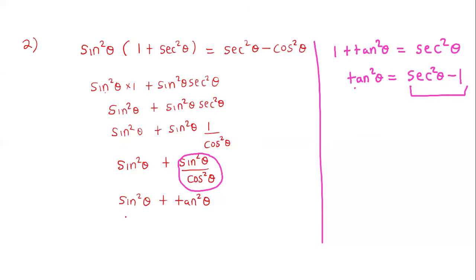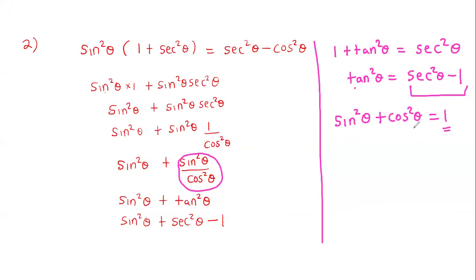So I'm going to come here and I say now I have my sine squared theta plus my sec squared theta minus a 1. Now, when I reach here, you must always be able to think. You ask yourself, in math, what is 1 in trigonometry? How do you reach at 1? You know that sine squared theta plus cos squared theta is equal to 1.